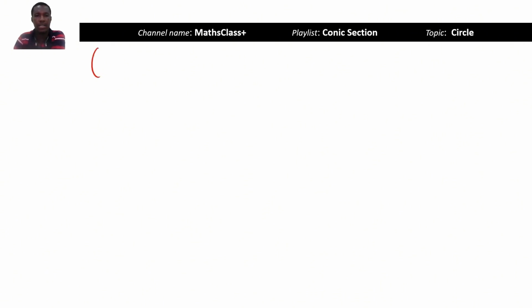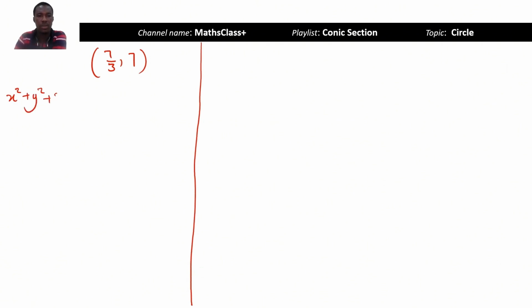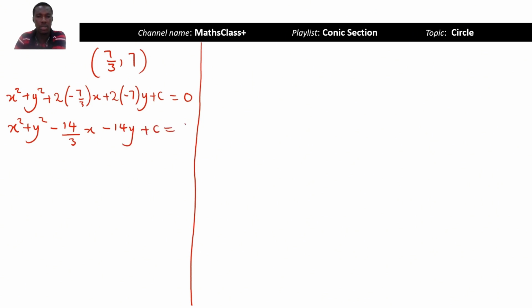Now we have the center as (7/3, 7), so I'm going to substitute it into the general formula of the equation: x squared + y squared + 2gx + 2fy + c = 0. Here g is negative a, so we have negative 7/3 x times 2, and f is negative b, so negative 7y, plus c equals 0. Opening the brackets: x squared + y squared - 14/3 x - 14y + c = 0.